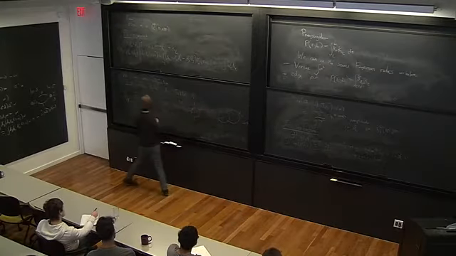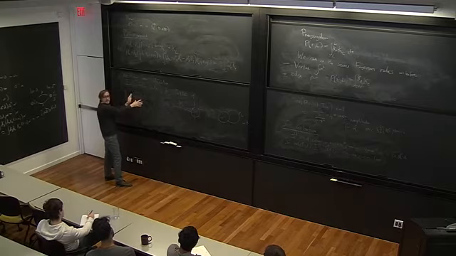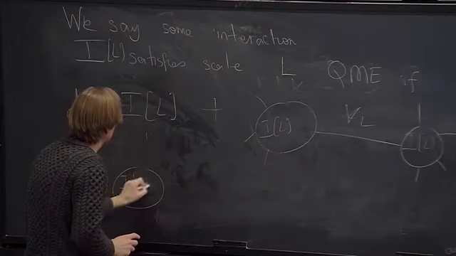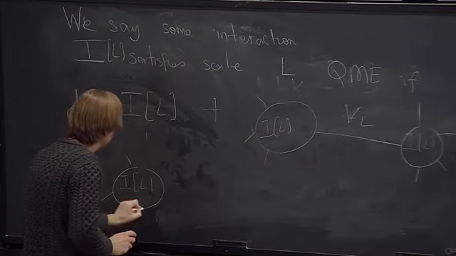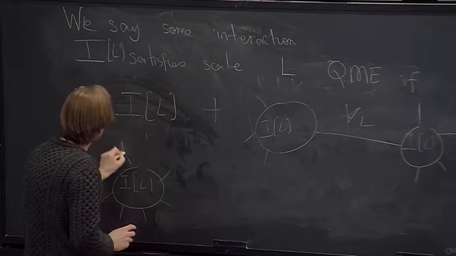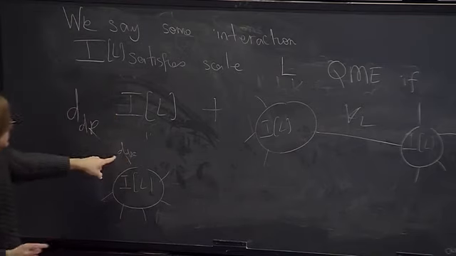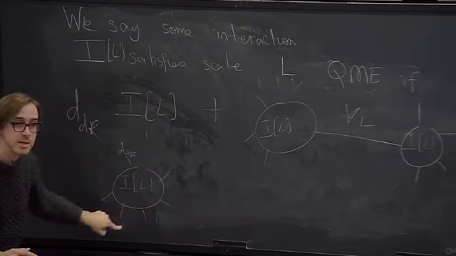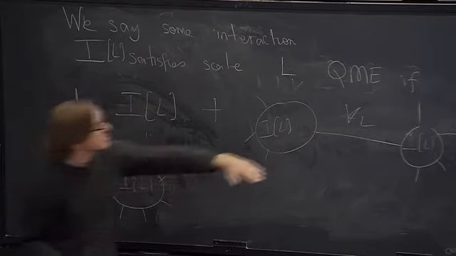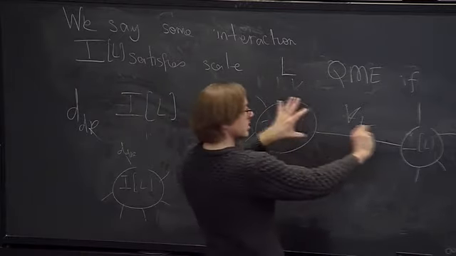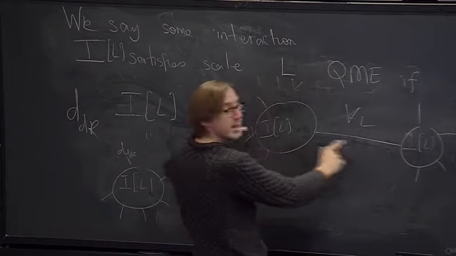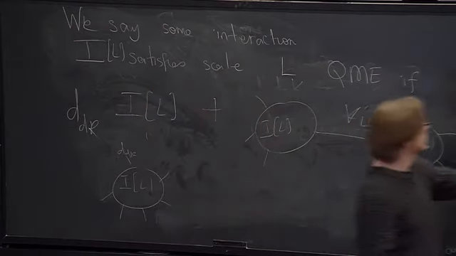So what we're thinking of is this is a functional of some fields, so I can draw this like this. I have my fields, and I'm summing over ways of applying the de Rham operator to each of those in turn. Then I have these two other terms where I put two of these and connect them by an edge with the kernel, or I have a self-edge with each.